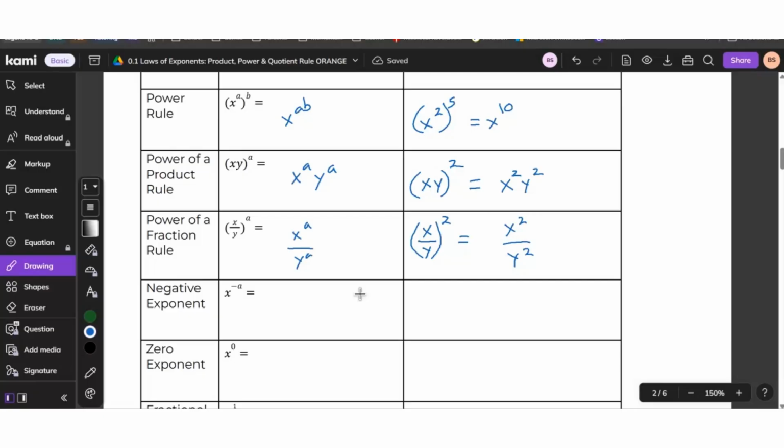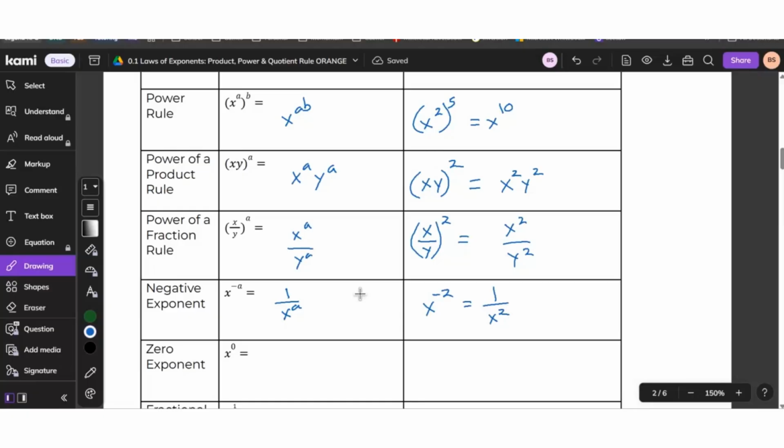Negative, we already did that one. How do we get rid of that negative? Exactly. So we put it down onto the bottom and we make that negative a positive. Okay? So if I had x to the negative 2, that's the same as 1 over x squared. Now, one thing to keep in mind is that it also works if it's already on the bottom.